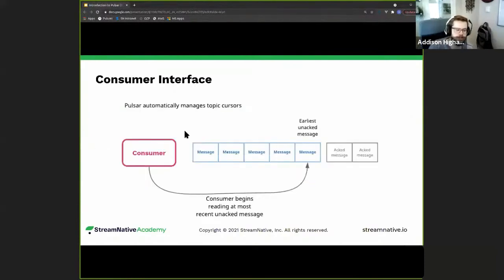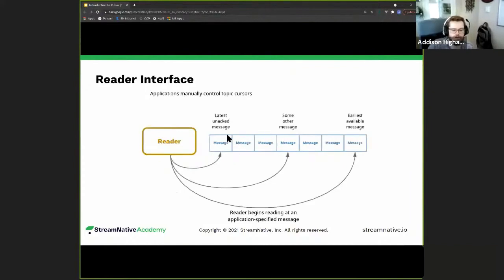With a consumer, Pulsar is managing that cursor for you, and you start at the most recent position, the most recent unacknowledged message. Whereas with the reader, it can be any message in between. How to control that state is entirely up to the reader. That's super useful if you're writing an integration to a streaming system like Flink or Spark, but it can also be really useful in applications where you periodically come and reread some data and pick it up from Pulsar.